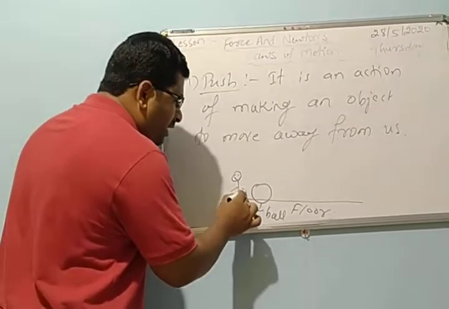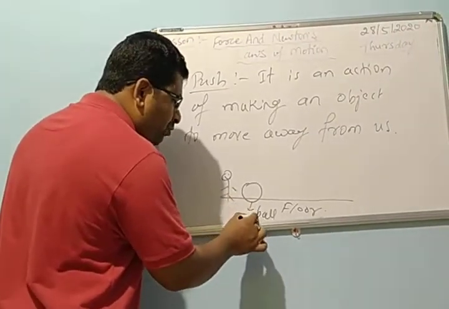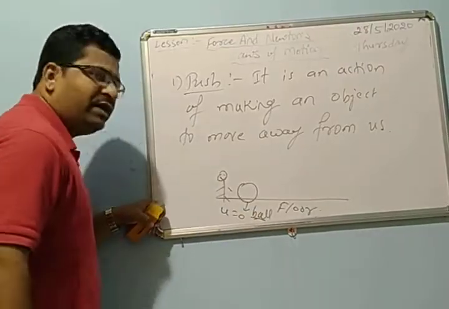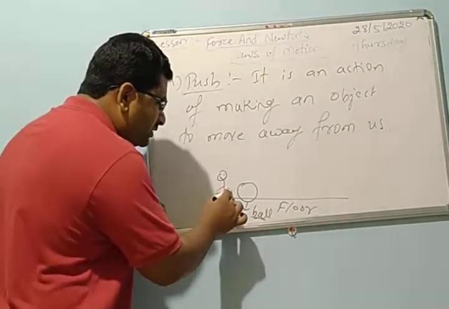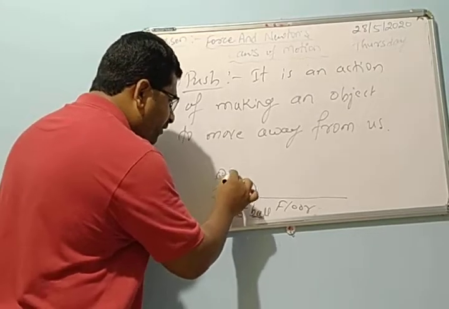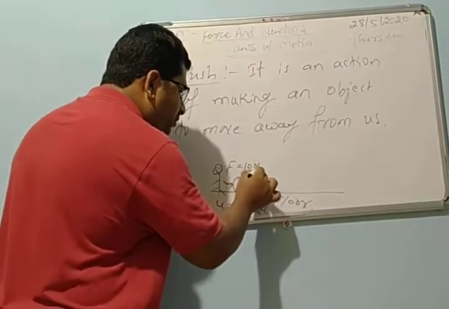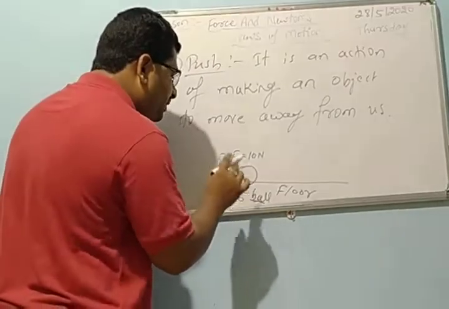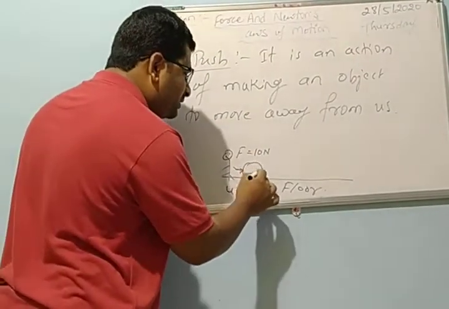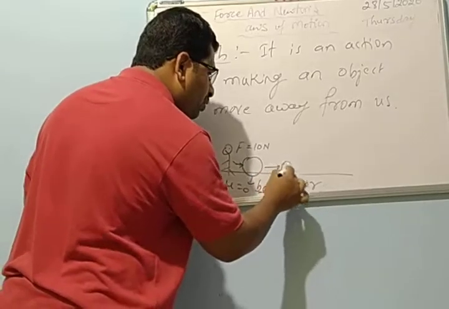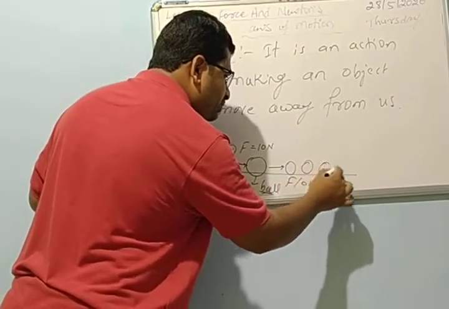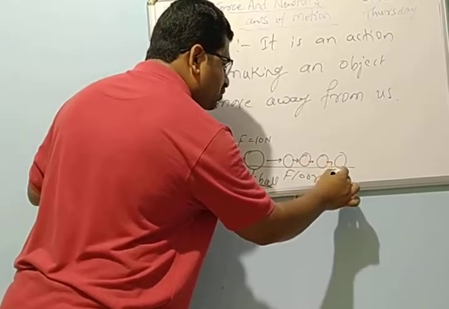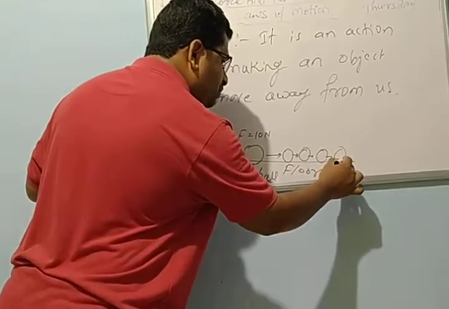If this person applies a force onto the ball, whose initial velocity is 0, it is at rest, and this person applies a force F applied of 10 Newton on this ball, the ball starts to roll, so it changes its position, and stops here.